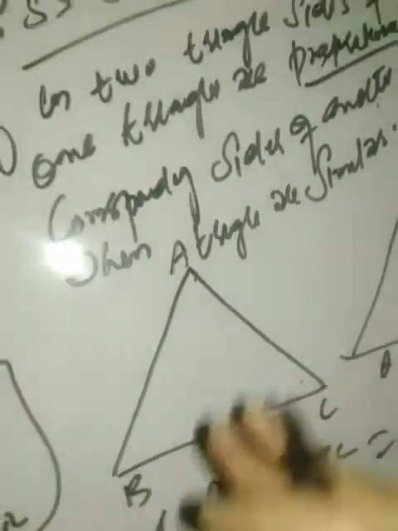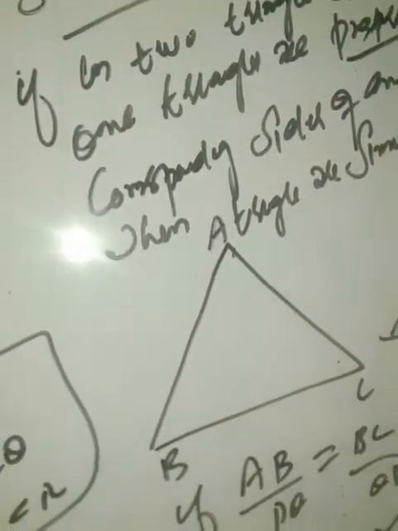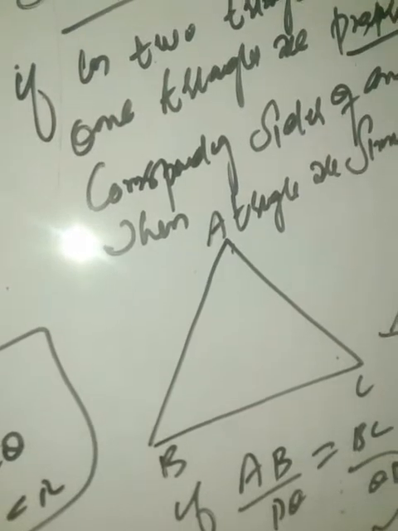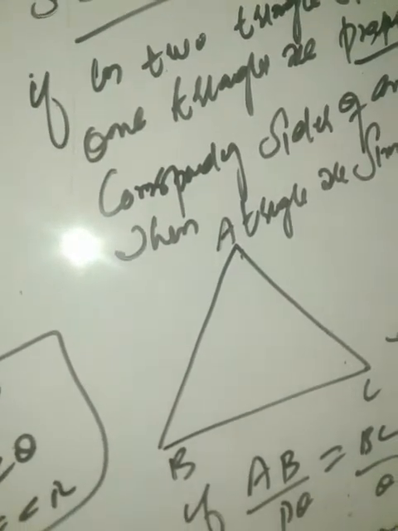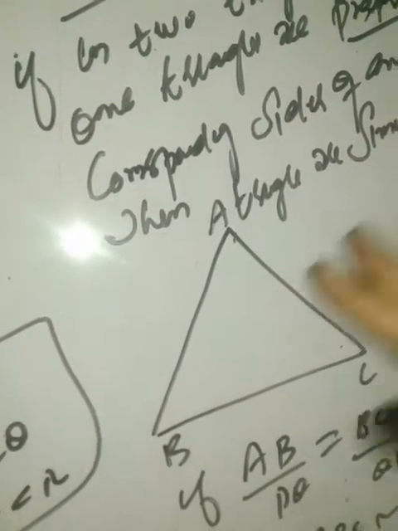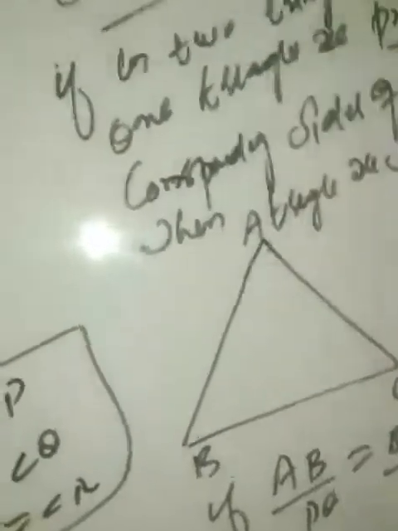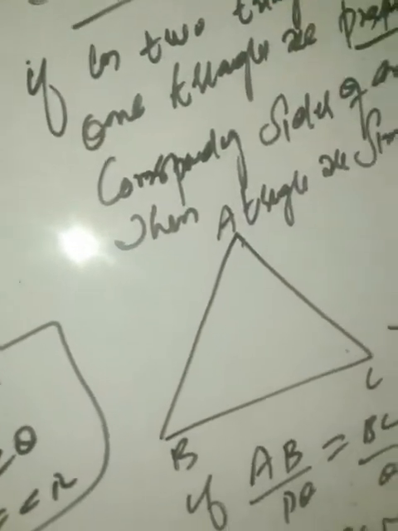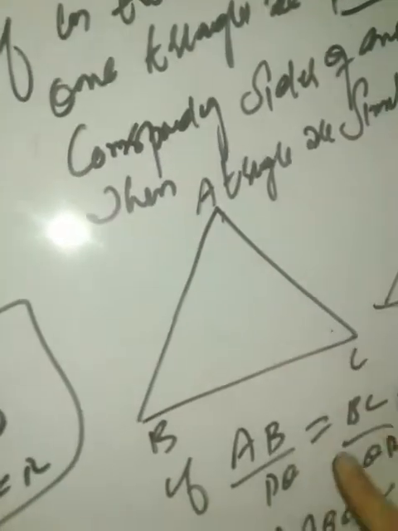In case of congruence, corresponding parts are equal, that is, corresponding sides are equal and corresponding angles are equal. But in case of similarity, corresponding angles are equal but corresponding sides are proportional.